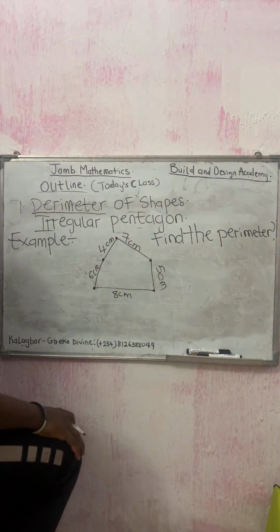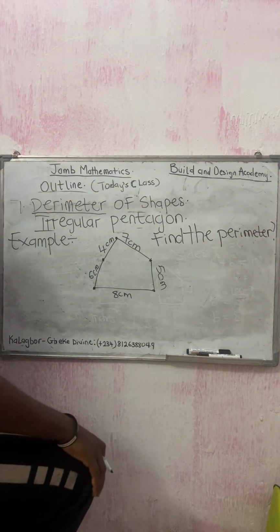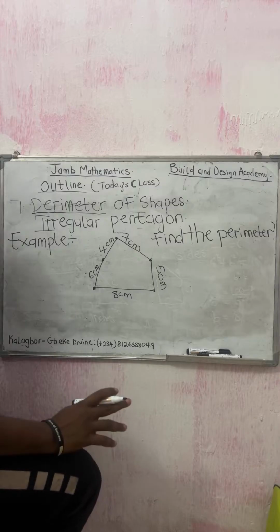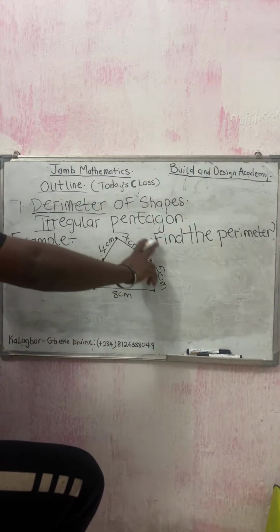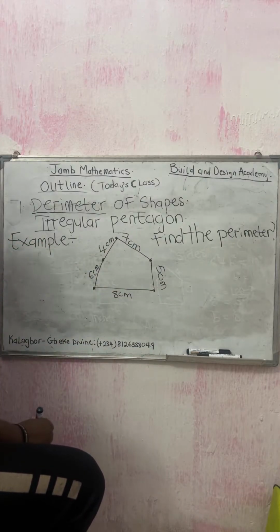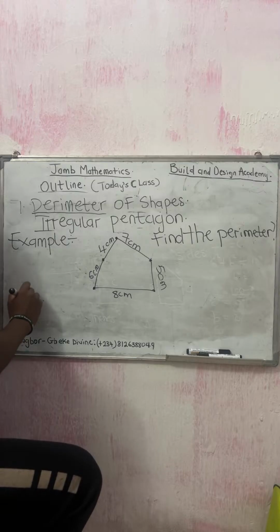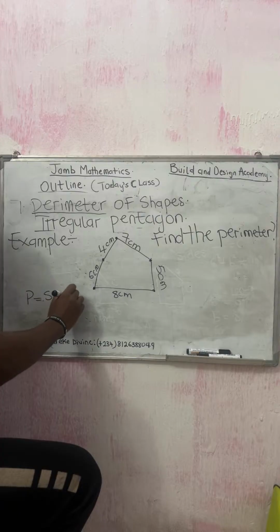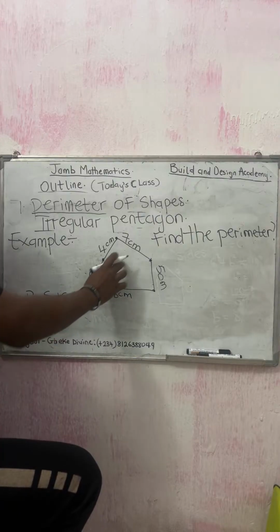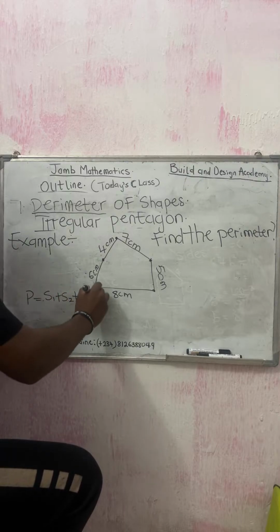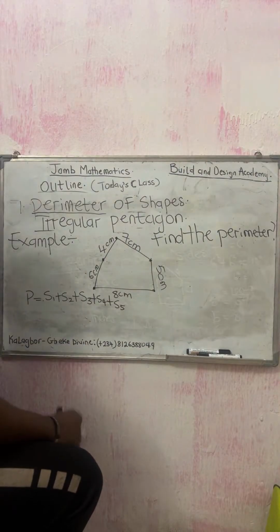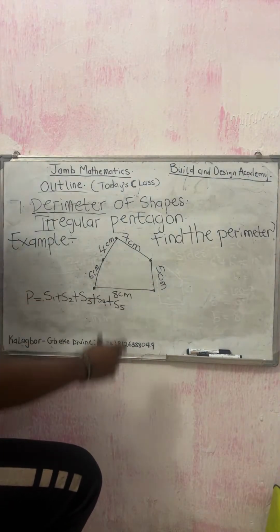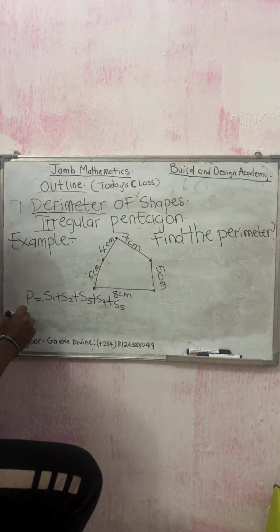Alright, to do that, we need to know that perimeter is simply the addition of each side. To find the perimeter, we take the total sum of all these sides. So the formula is P equals side 1 plus side 2 plus side 3. A pentagon has how many sides? 5 sides, right? So plus side 4 plus side 5. But it's an irregular pentagon, so we substitute our values.